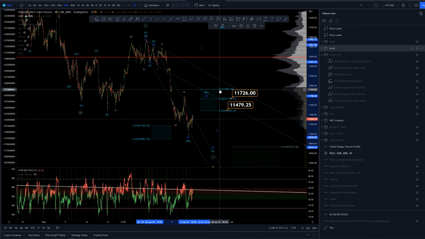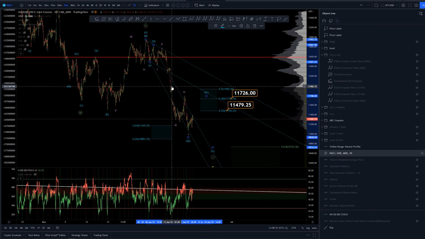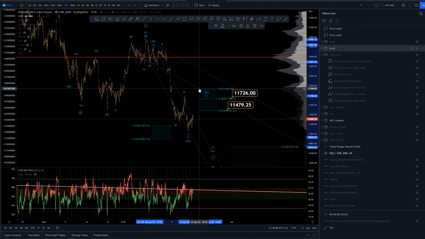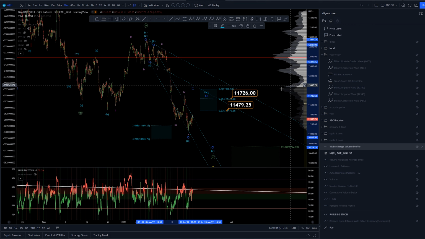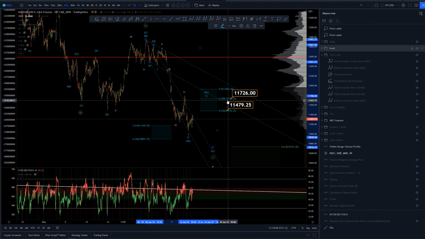So yeah, we only have this small bit here acting as a resistance if the price decides to come up here to this high. This volume node here does offer some resistance though, and again it is starting to get more volume into it right around here at the 38.2 retracements, but we'll see what happens.